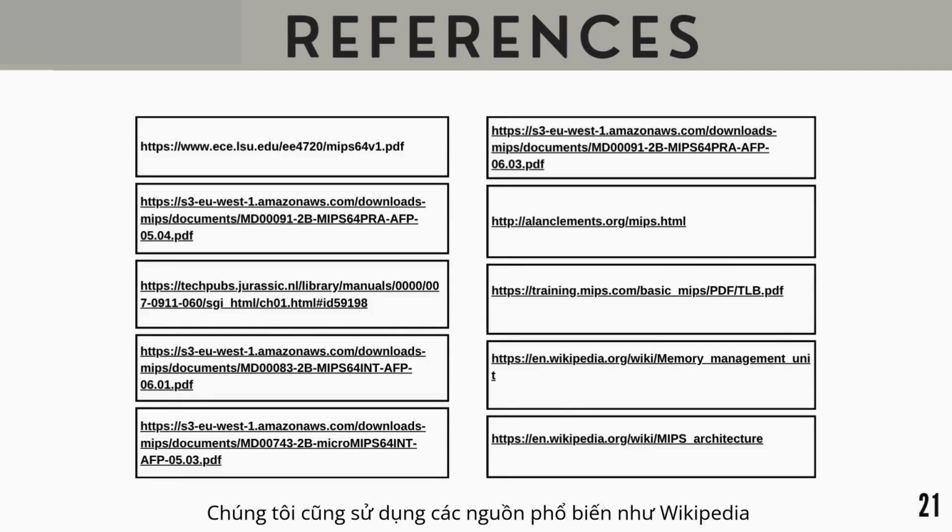We also refer to well-documented sources such as Wikipedia and a helpful reference by Alan Clements. A complete list of 9 references is included in our report and available at the end of this presentation for further reading.